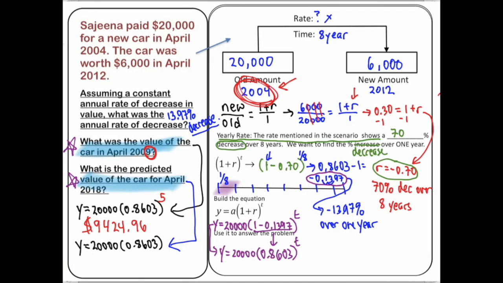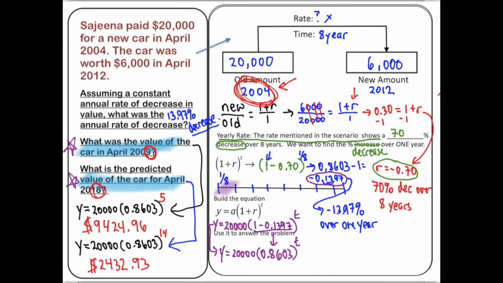The difference between 2004 and 2018 is going to be 14 years. And so I'm going to put 14 right here and punch it into the calculator to get this amount, $2,432.93. For both of those, again, I round to the nearest cent because that's just the way that we talk about money if we were going for the purchasing prices.